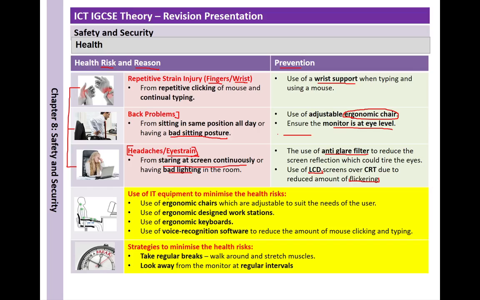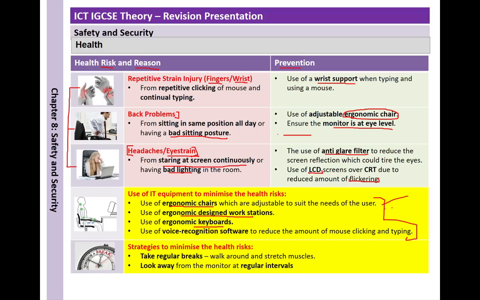Generally speaking, when using these ICT equipment, we can minimize the risk by using these methods. We can always use ergonomic chairs, ergonomic workstations or ergonomic keyboards to minimize the effect of back problems, headache or strain, or RSI in fingers or wrist.